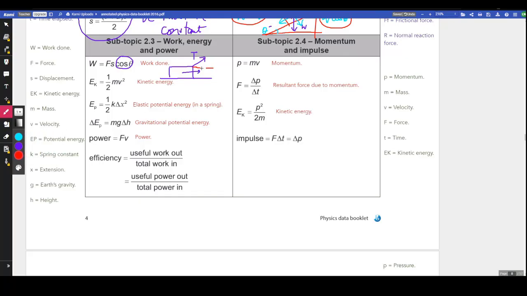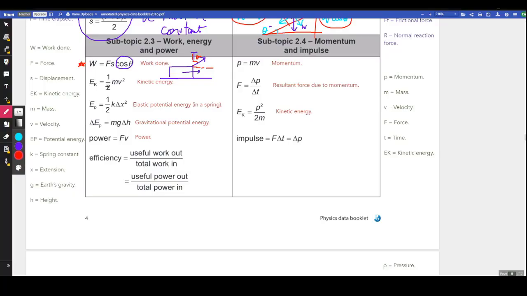If this is theta, then yes, that's fine: T cosine theta will be the one that is going horizontal. However, if you're talking about an angle in this direction, then this equation should be changed into sine theta instead. And by the way, work done is something that you should definitely know the detailed definition of; you can find it in the textbook. I'm not going to cover those things in this video.